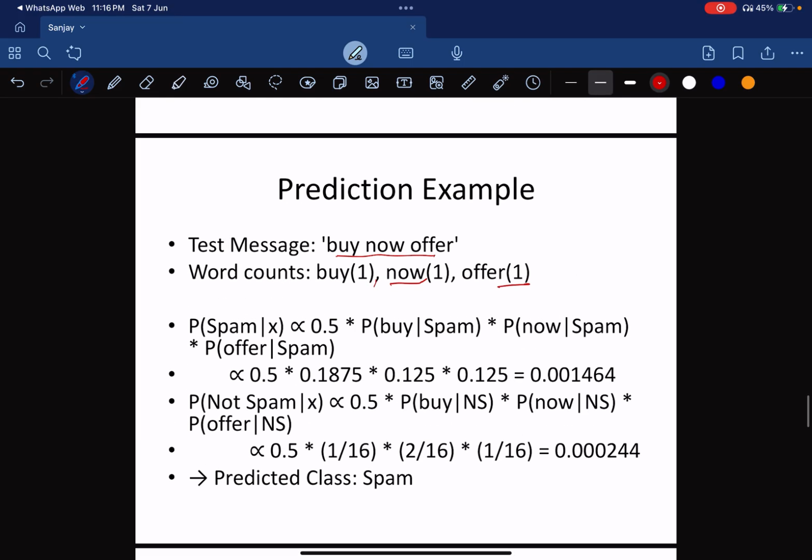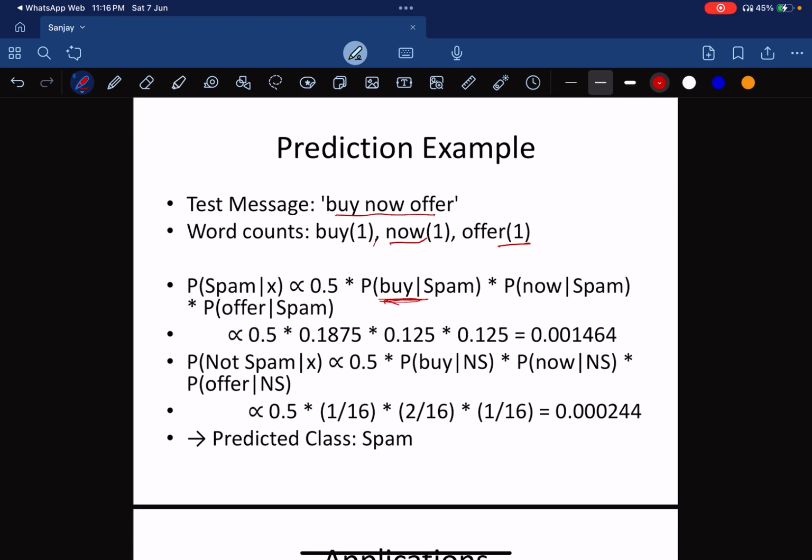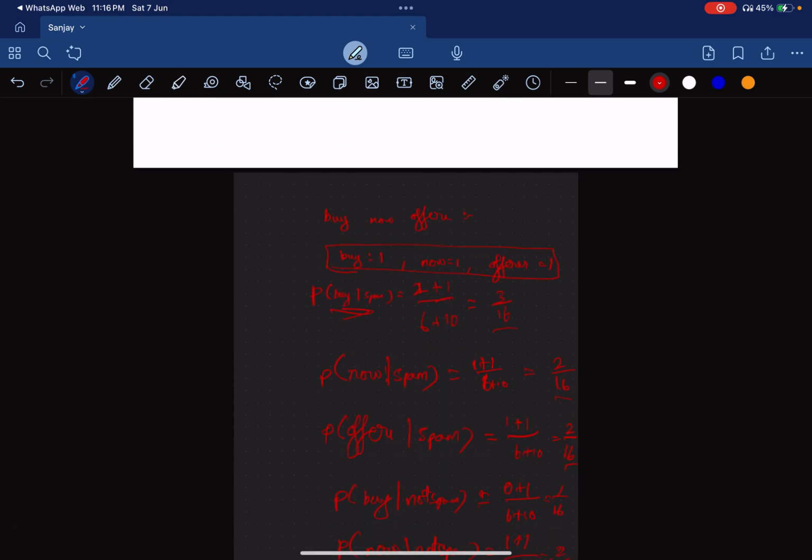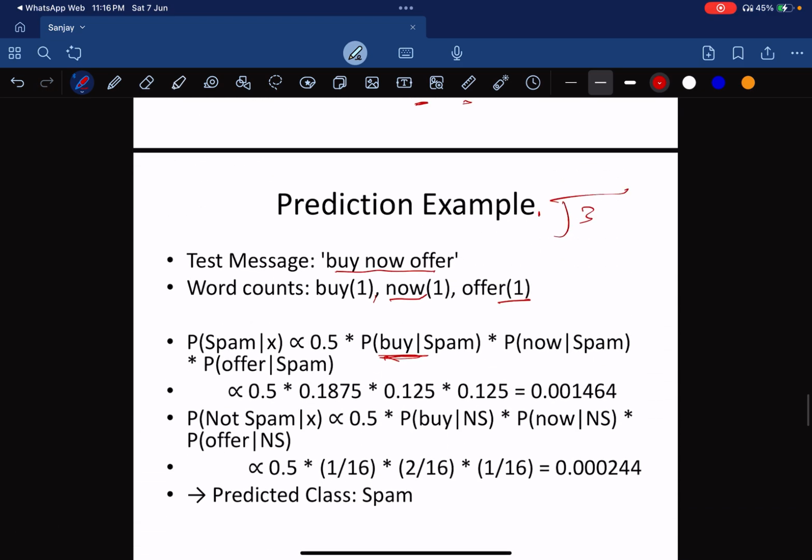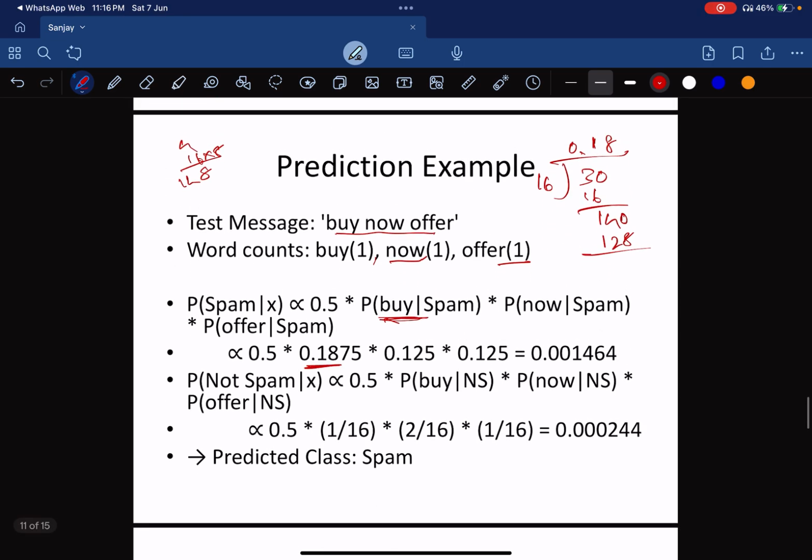And you can see, if you do 3 by 16 for "buy" in the scam class, that is 3 by 16, which is 0.1875.